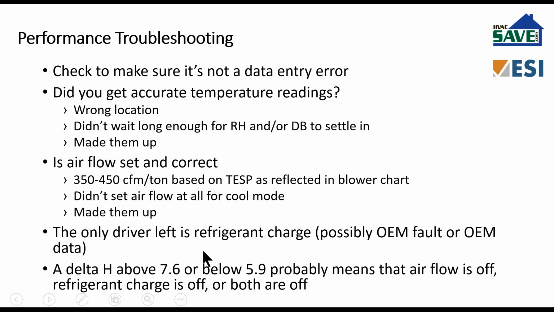Point being here, if you set a range here and used it as a secondary source of information, hey, I'm real close to the bottom or top of that range, or I'm outside that range, I better take a second look at everything. That is what we would recommend.